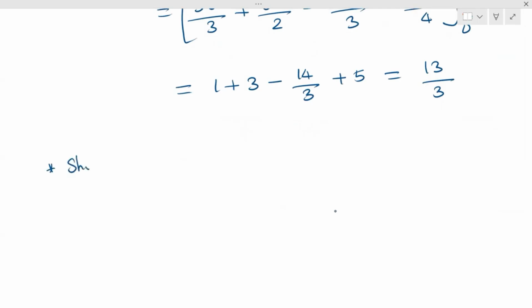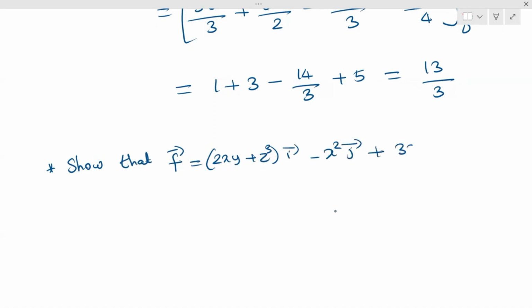The next problem, show that f vector equal to 2xy plus z cube i minus x square j plus 3x z square k vector is a conservative vector field.